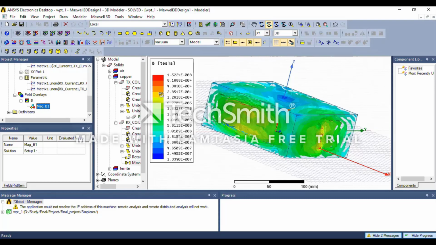At the center it is yellow in color, and the field strength is nearly about 0.3517 into 10 raised to minus 4 Tesla, while at the boundary of the system it's quite low, and its value is about 8.66 into 10 raised to minus 7 Tesla.